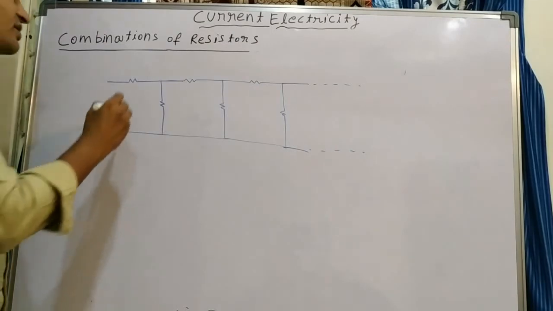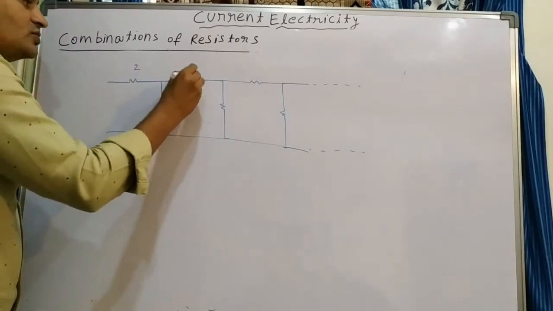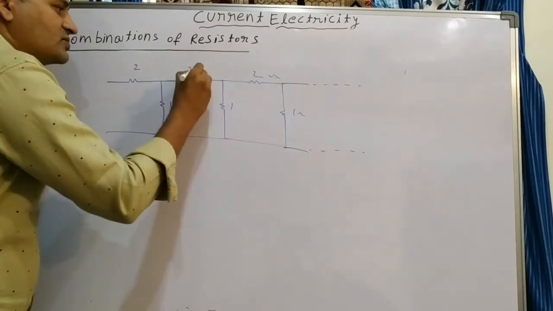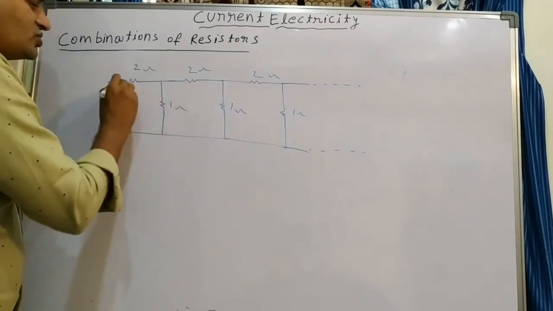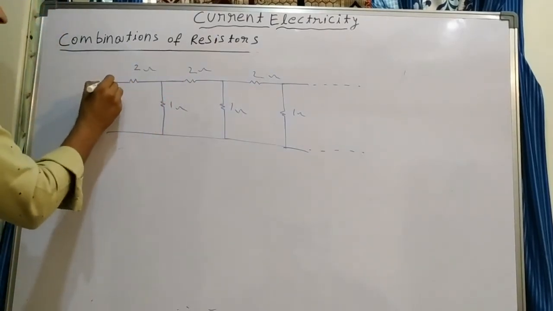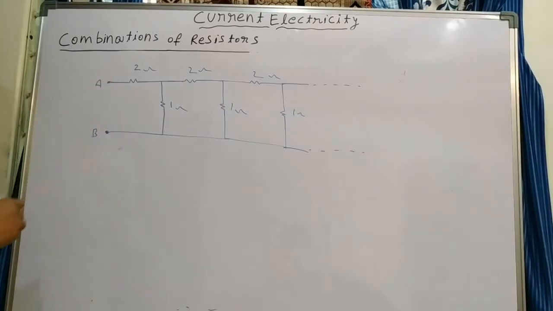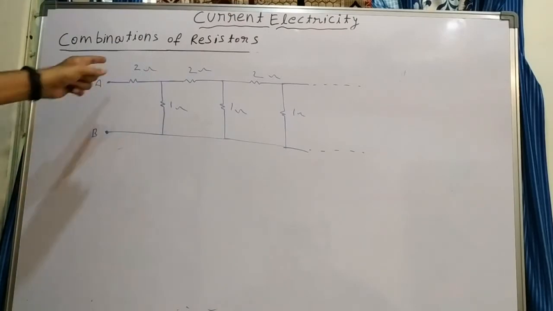Suppose for example this is 2 ohms and this is 1 ohm, 2, 1, 2, 1, so these values are repeated for each branch. Suppose between these 2 points A and B, what is the resistance between these 2 points, if it is an infinite ladder like this, resistors arranged like this, with 2 and 1 repeated?